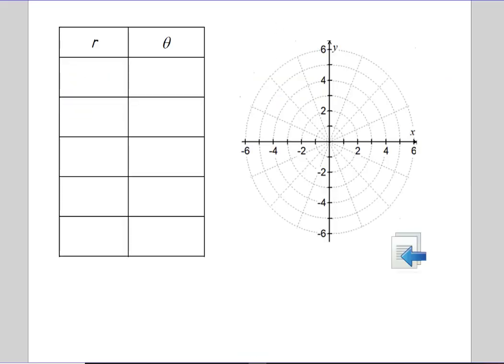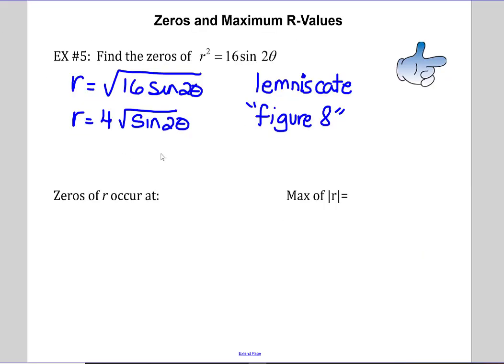Let's see if I have it drawn already. Nope. Okay, we'll set that up. So one thing we're going to want to do is to make our table. We're going to make the table set to pi over 12. So let's set that up with our calculator.